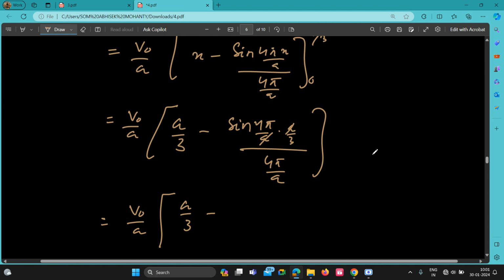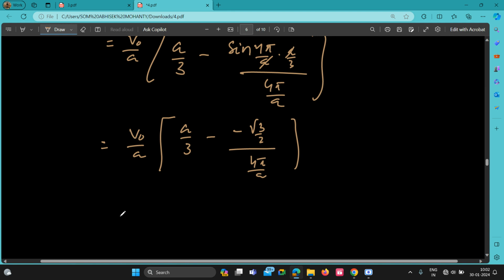That means it comes in the third quadrant, 180 plus 60, right? So it will be minus sine 60, that will be minus root 3 by 2, divided by 4 pi by a. Okay, so V naught by a, a by 3 minus a by 4 pi, this becomes plus root 3 by 2.